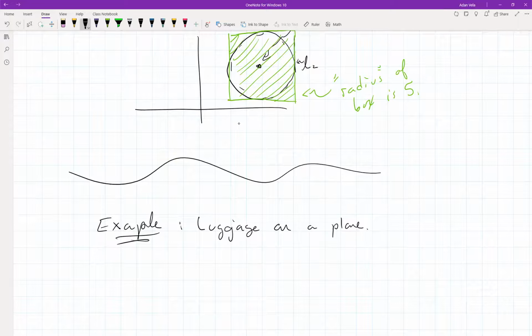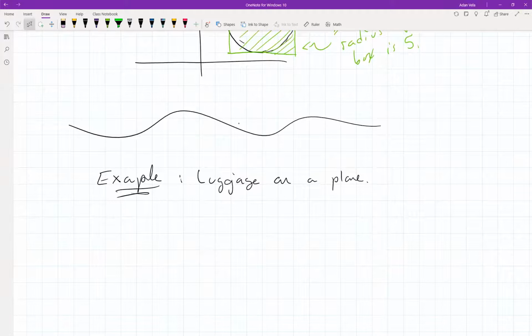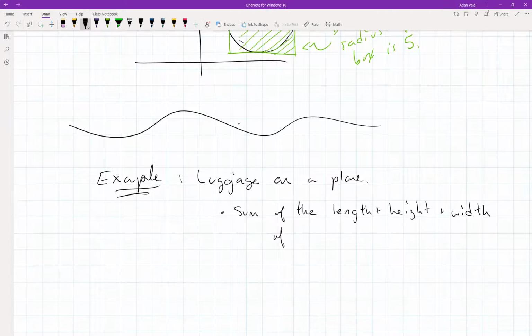You've probably seen some rules about luggage where they might say the sum of the length plus height plus width of luggage is less than 20.